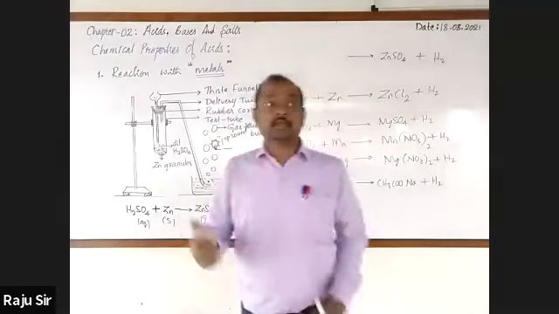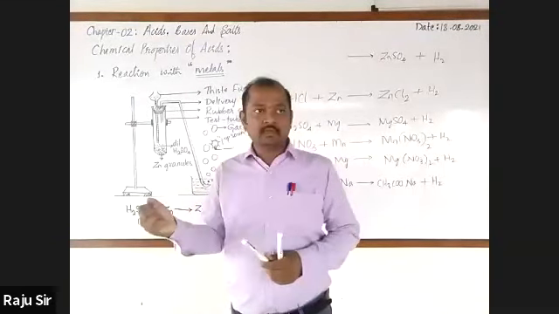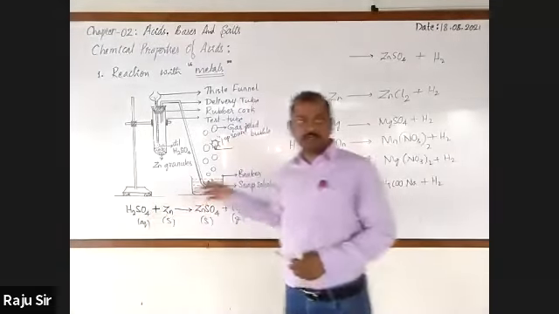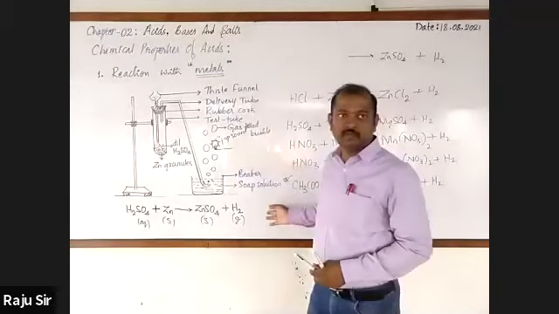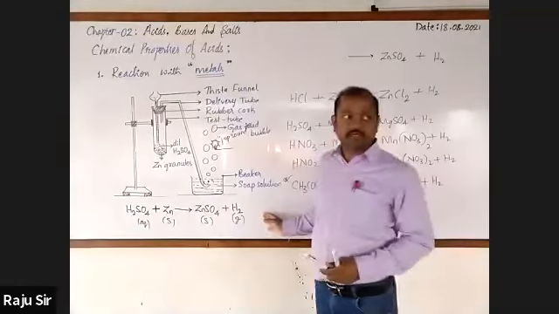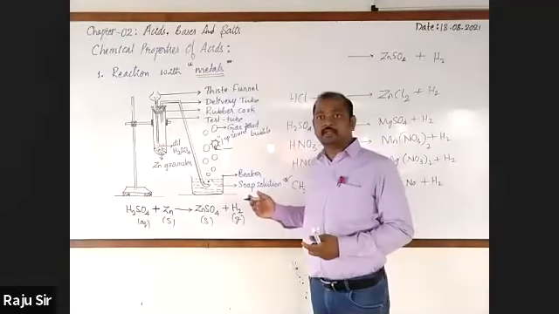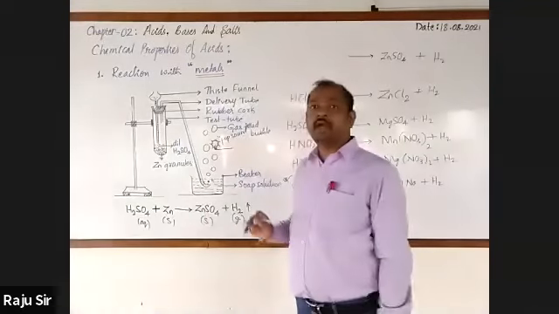If heat is absorbed, it is to be written on the left hand side. If heat is evolved, it is to be written on the right hand side. It becomes warm only, so no need to write. Next, we also know that the gas is liberated, so liberation of gases is shown with an upward arrow mark.